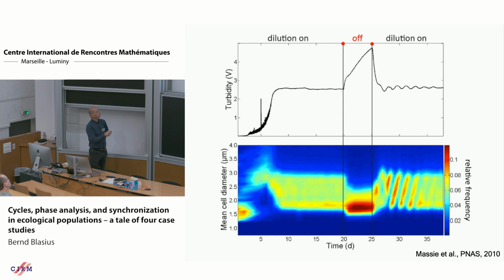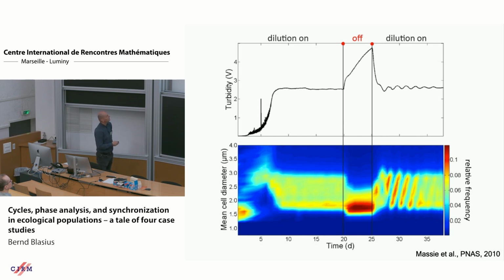Then we do our perturbation, and the cells get arrested in this G1 phase. So they're very small, but they're all synchronized. And then we switch off the dilution rate, and we see these cohorts; the cells are synchronized, all the cells increase in size, and we have the cycle. Yeah? So, a very nice experiment.